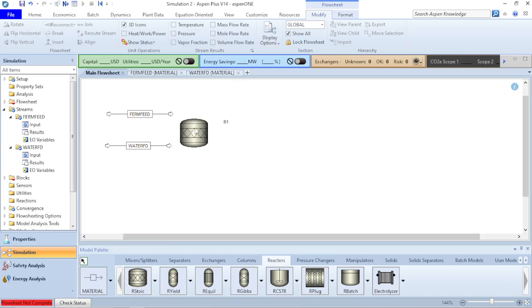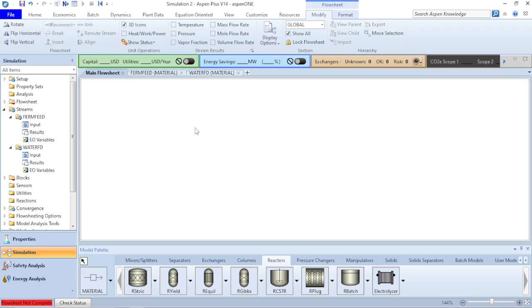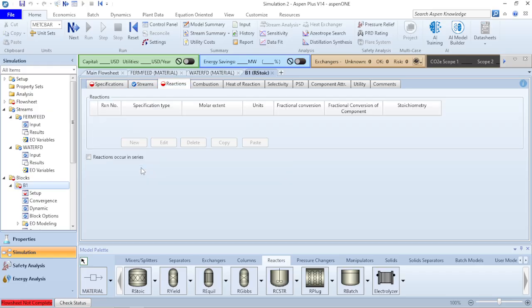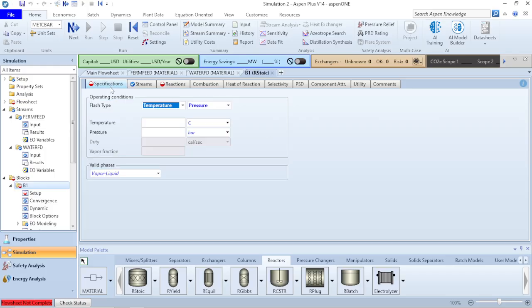So I'm going to be showing you that in here. Okay, so come to reaction. Oh, it's not showing here. All right, let me quickly add what we need to add for this.